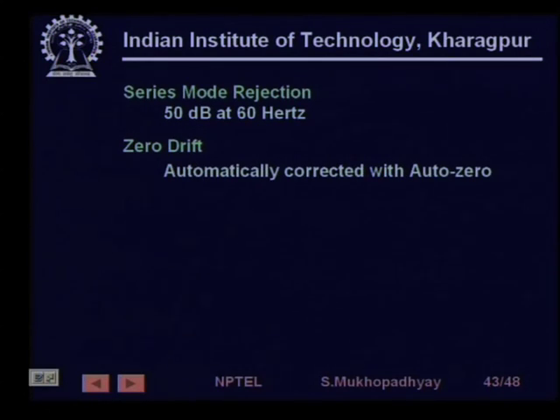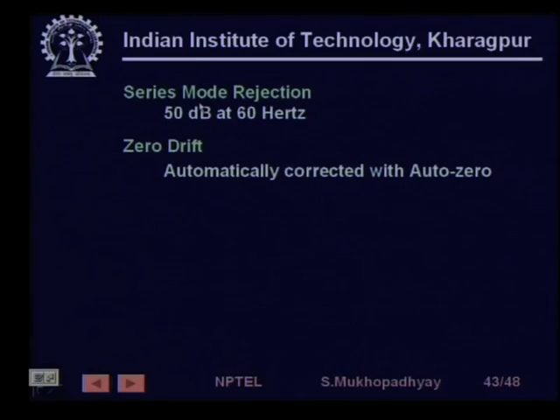It means that when thermocouples are drawn from long wires, they tend to catch series mode interference, especially at the power frequency, because there may be power lines that add power frequency interference as a series voltage. So, the sensor is so constructed that it can reject such 60 hertz voltages which are induced.